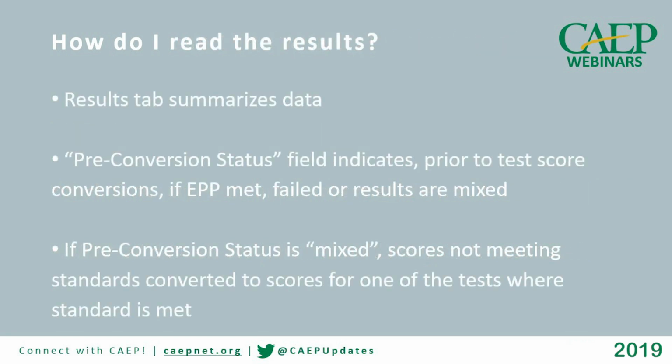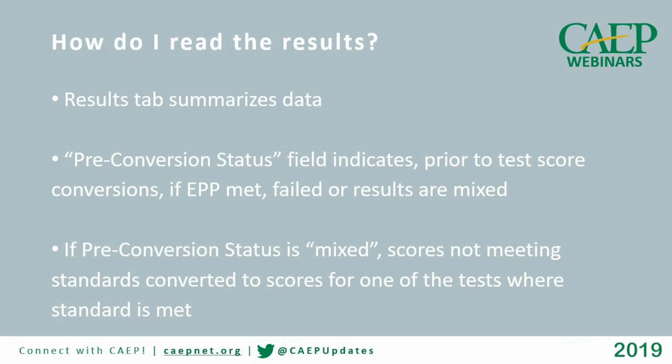The results tab summarizes the data, and there are two fields. The pre-conversion status tells you what your situation is prior to the conversions: if an EPP has met, not met, or if the results are mixed. Presumably, if you're using the calculator, you know you have mixed results. However, it's possible that the calculator will show you that you don't have mixed results.